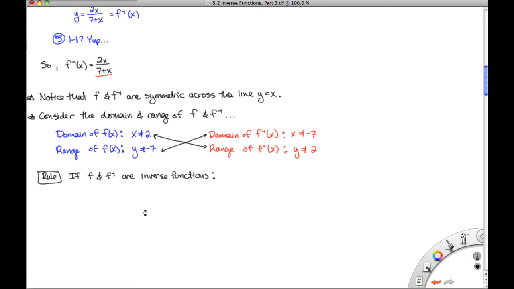here are another two things that we're going to get. We could add this to our original definition of inverse functions.